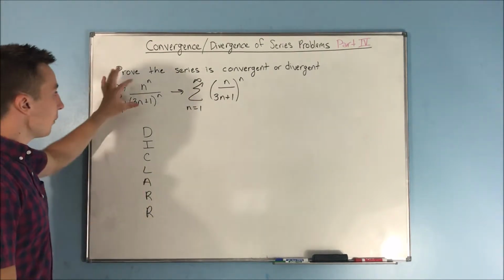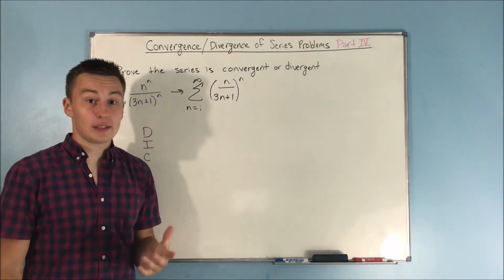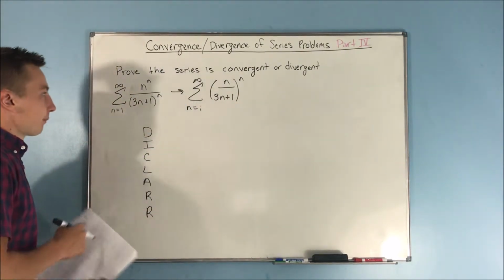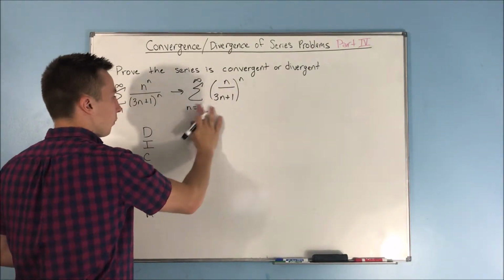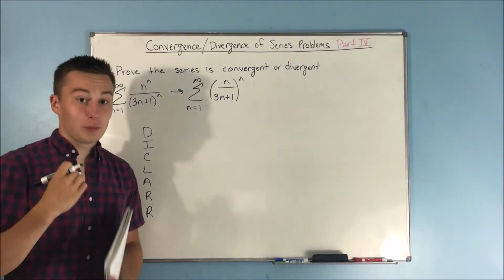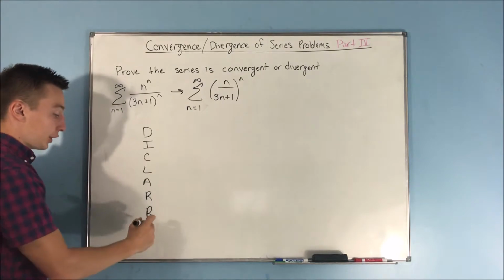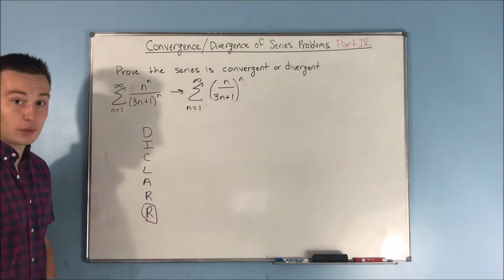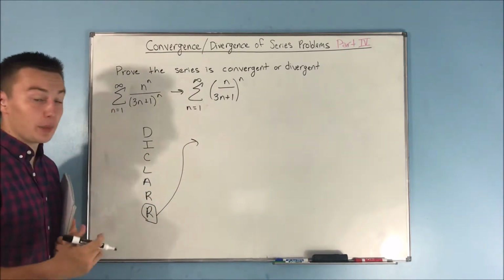They're being raised separately, but we can still put them together in the same parentheses and then raise it to the nth power. I would give you the free pass here. I'm not going to be offended if you don't go through this checklist and just go straight to the root test. So, let's use the root test on this and see what happens.